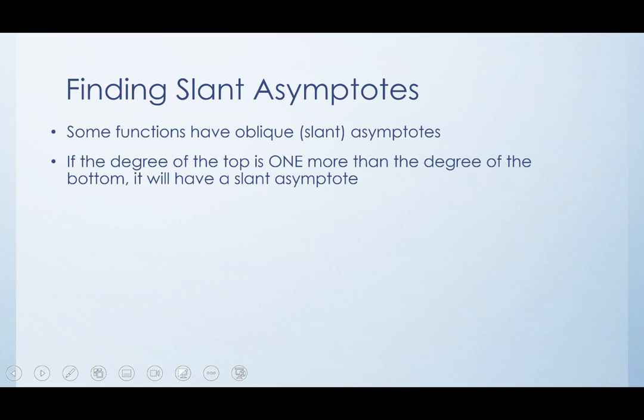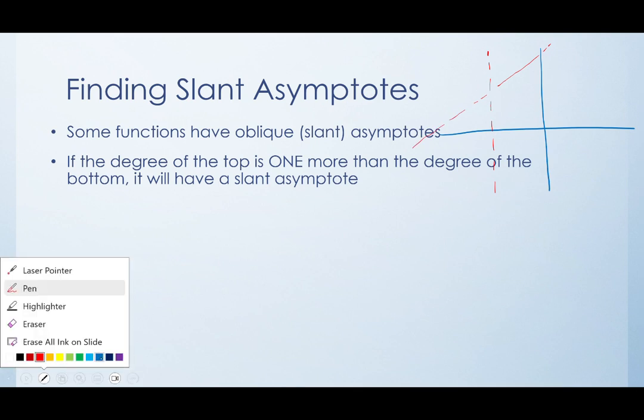So it might look, let's say here, we've got our coordinate axes, and let's say we have a vertical asymptote here, and a slant asymptote is just a line, right?